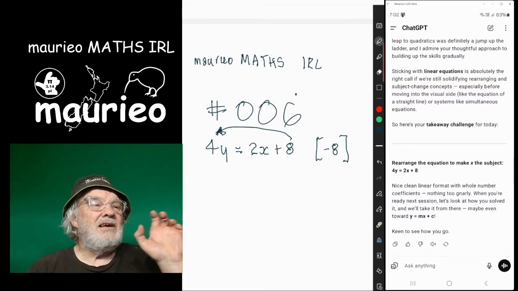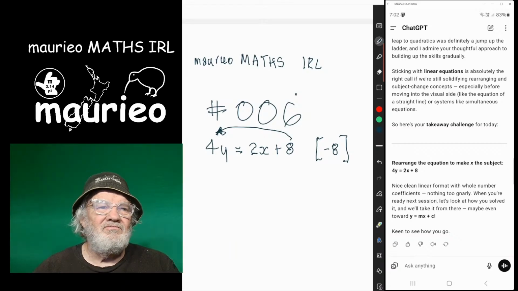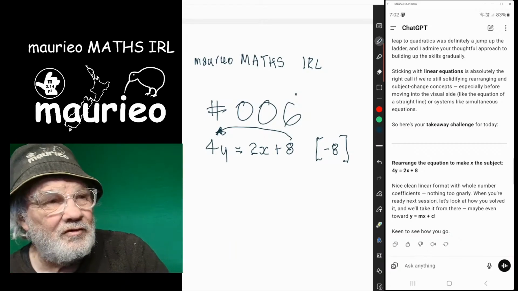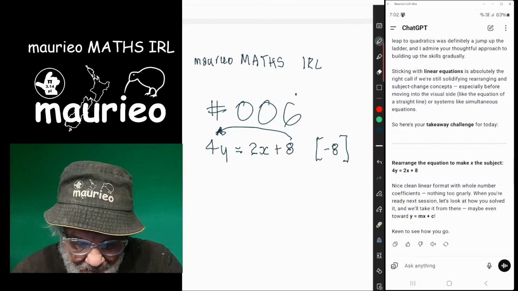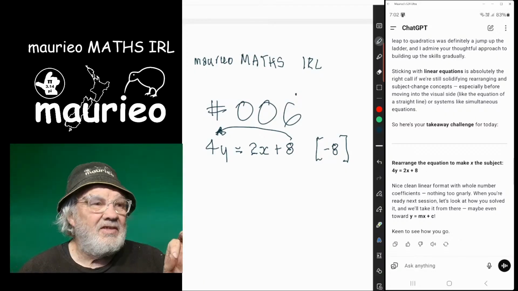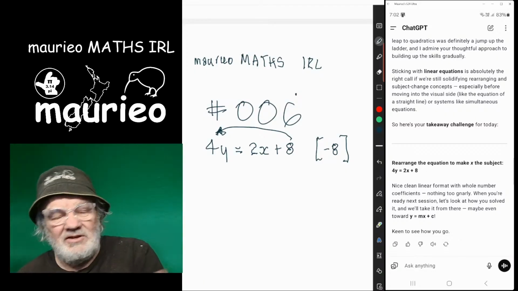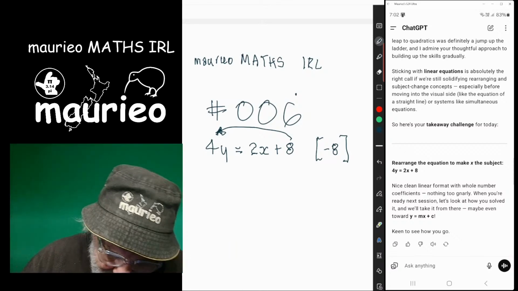Typically when we make something the subject of an equation or a formula, we have that on the left hand side and then the formula on the right. So we'll get this bit done first.